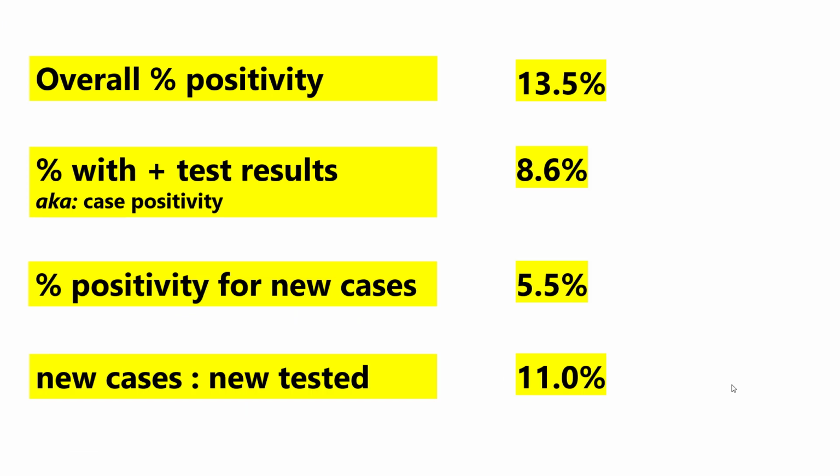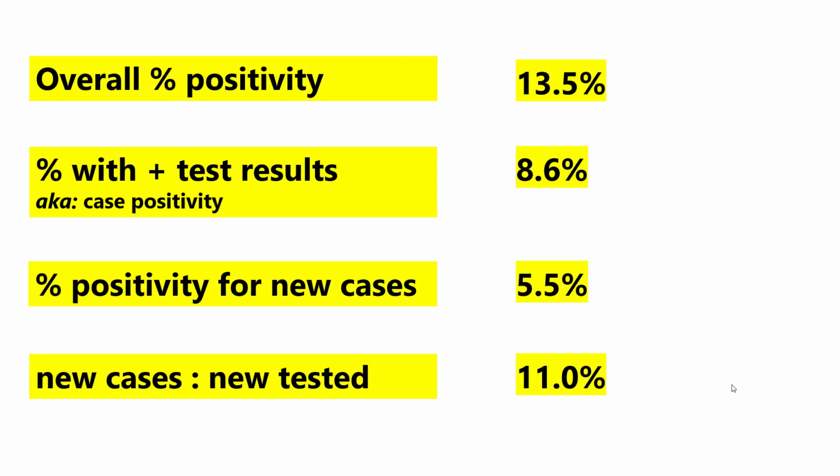So we're ending up with the different positivity measures that are most frequently looked at: overall positivity, percent with positive test results or the case positivity, the percent positivity for new cases, and the new cases to new tested ratio. You can just see that we have different numbers, right? And this is part of the take home. I've mentioned in previous videos that many of these will trend together over time.